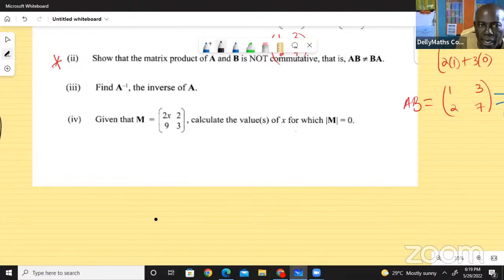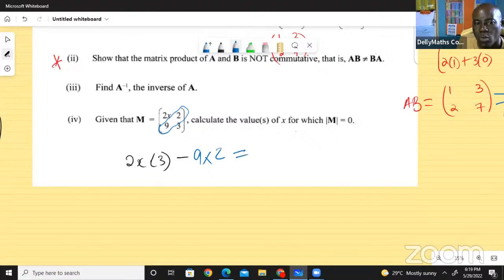We're going to take the product of the leading diagonal, which is 2x times 3, and subtract the product of the non-leading diagonal, which would have been the 9 and the 2, and let this equal 0. So we intend to find what value of x.